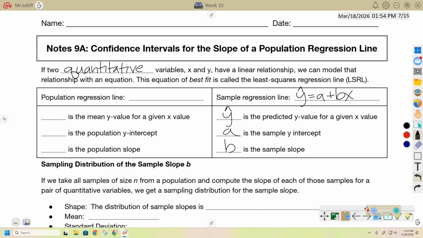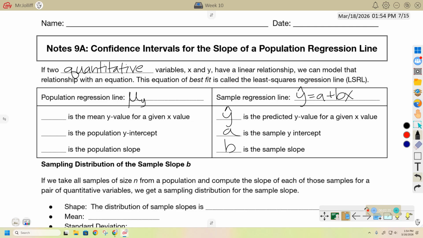The sample regression line is related to our population regression line with some changes. So instead of y hat, a predicted y, we're actually looking at the mean of all of the possible y values for a population value. Because if I was looking at the population data for height versus shoe size for Rancho San Juan students, for any given height, I'm going to have a spread of shoe sizes, right?